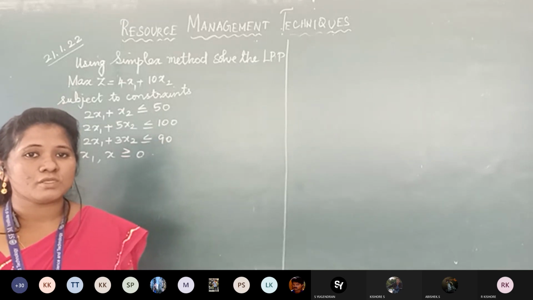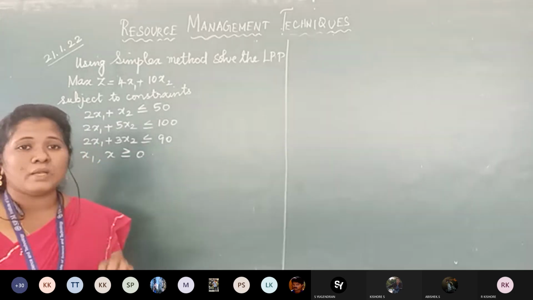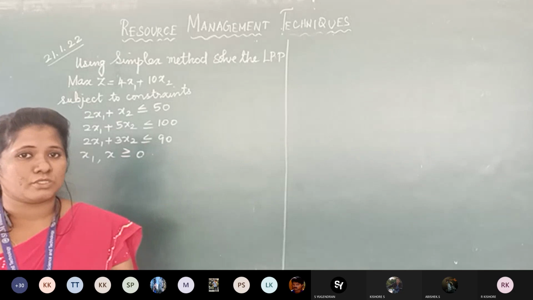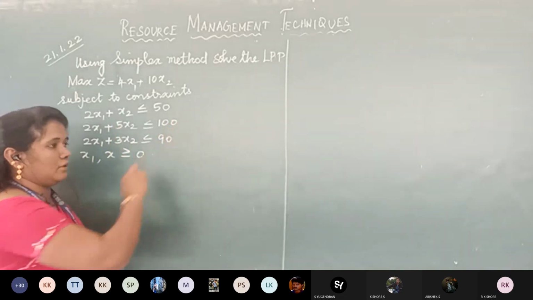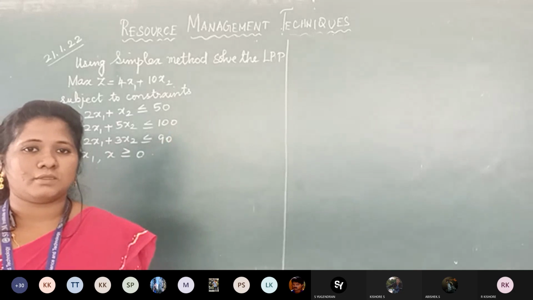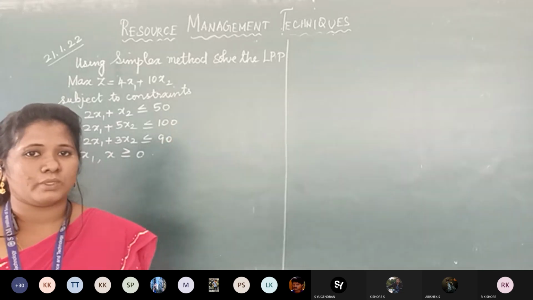We have to introduce your slack variables. To introduce your slack variables, you'll have to see how many inequality constraints are there. 1, 2, and 3. Okay, 3 inequality constraints are there, and so you'll have to introduce 3 slack variables.